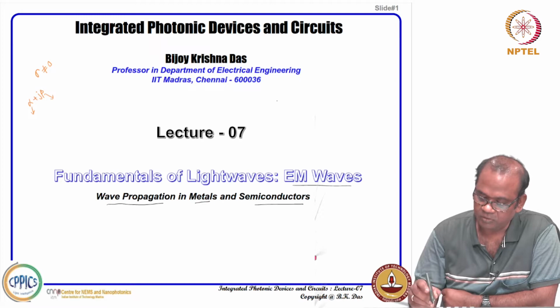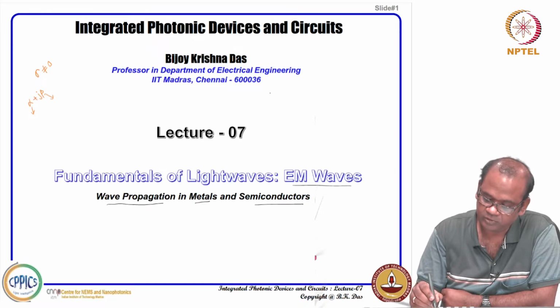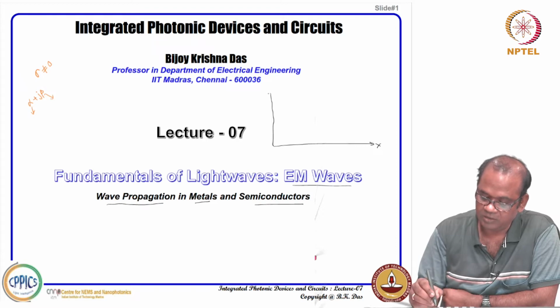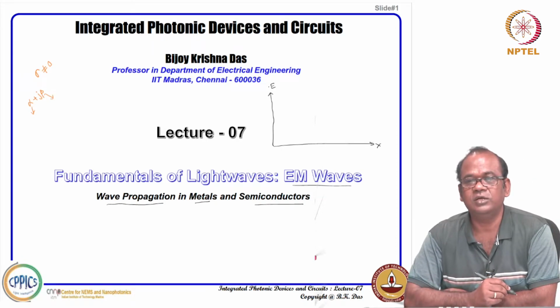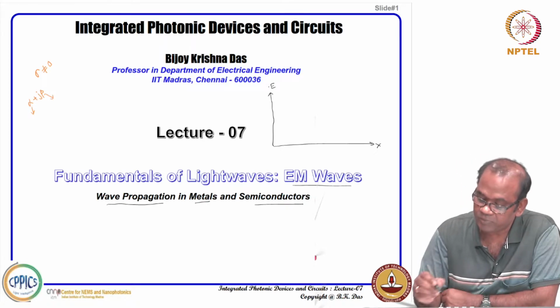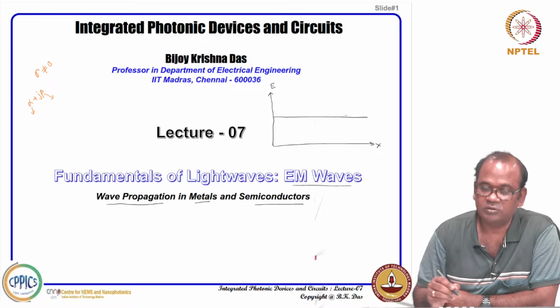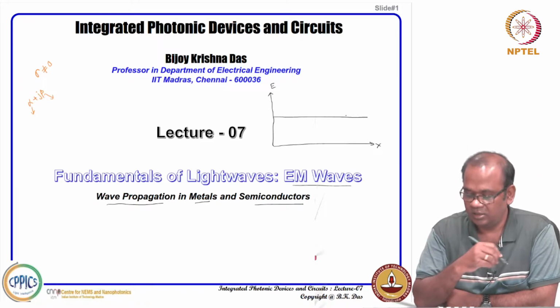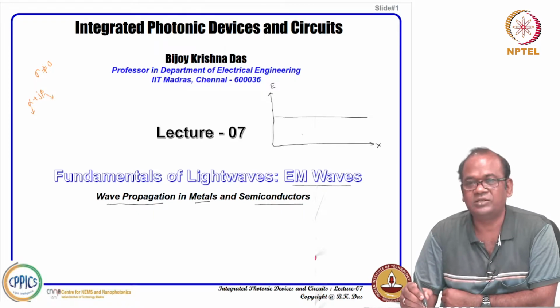So, metals. If we think of a band diagram, suppose the x axis is position, and the y axis is the energy of electrons inside the metal or material. We know that there is always a band of energy for electrons inside metals. It is like a band.